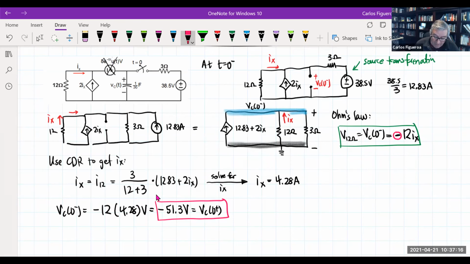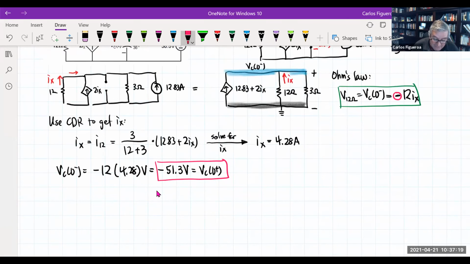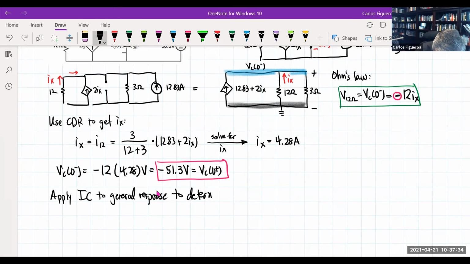So now I then have to apply this to our general response. So now I'm going to apply the initial condition to the general response to determine A. So if I do that, here's what we know.